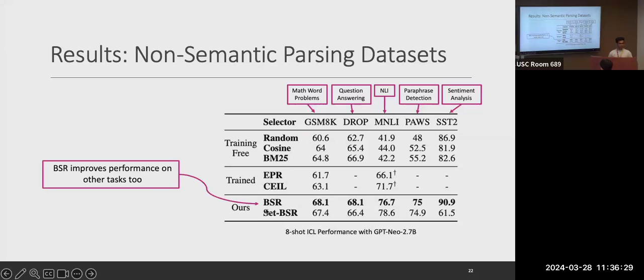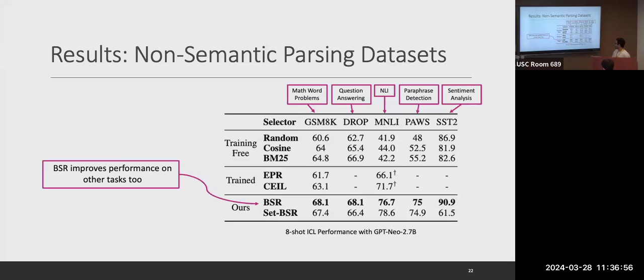And we found that BERTScore recall improves performance even beyond semantic parsing, even though all it's doing is just matching tokens. It's able to completely outperform all the other training-free methods.